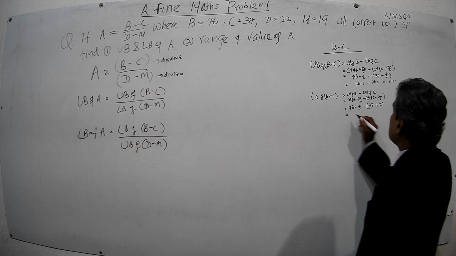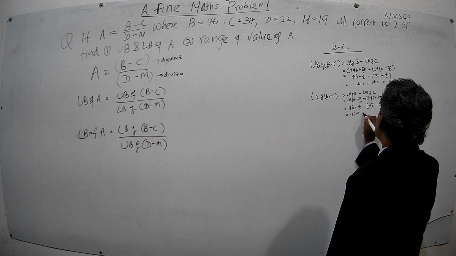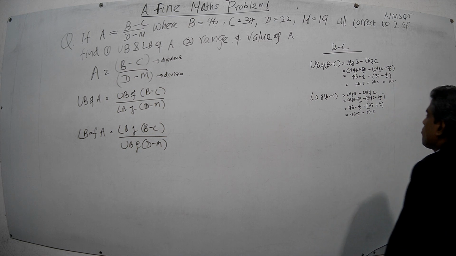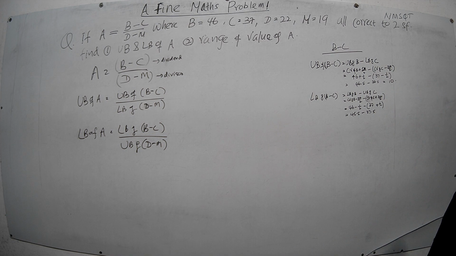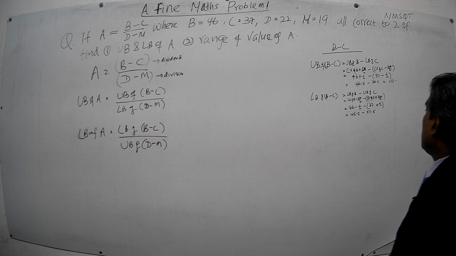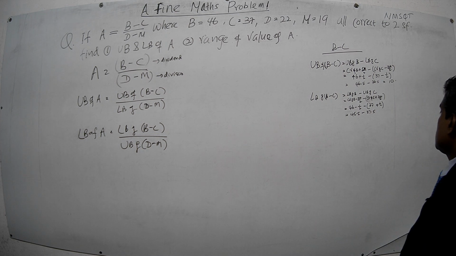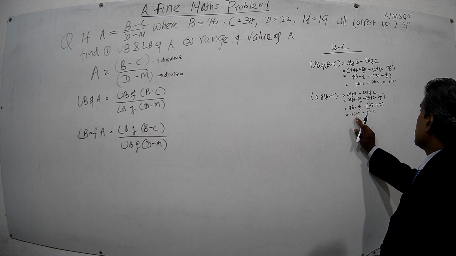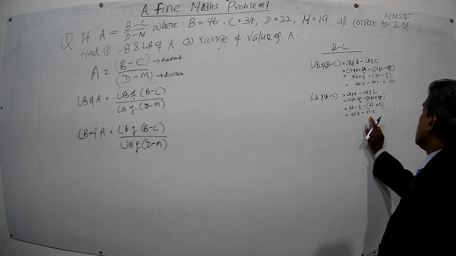The 46 minus half is 45.5. Then minus 37.5. How much is this? 45.5 minus 37.5.